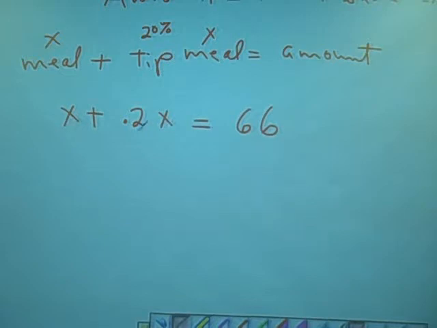So this is 1X, or we can say 1.0X plus 0.2X.